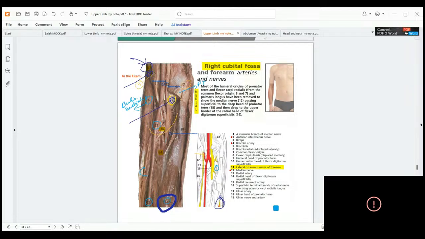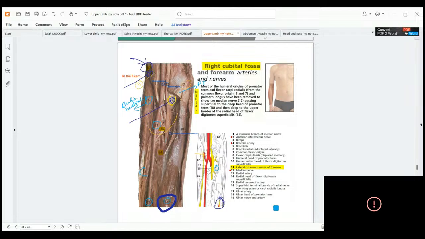Where is two? Close your eyes, you can see. In the front, it's coming from the middle.